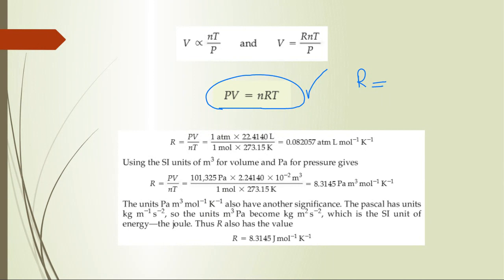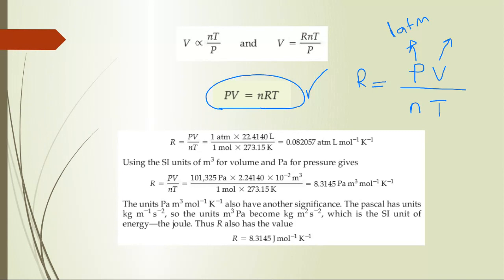For P, it is 1 atm. We can also use 1 bar or Pascal, but first of all, 1 atm is good. And this is standard temperature and pressure.